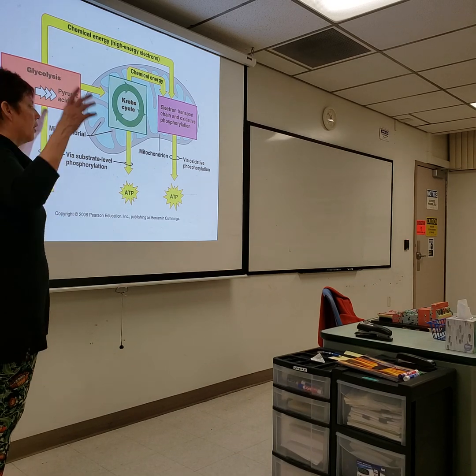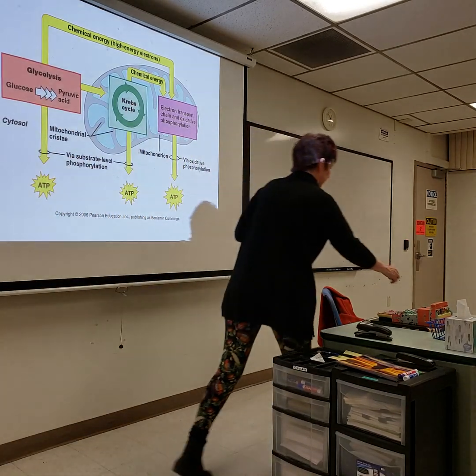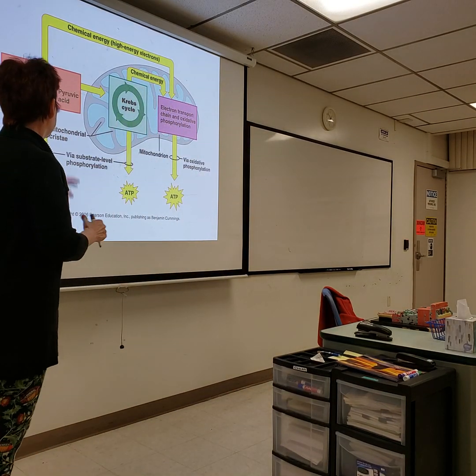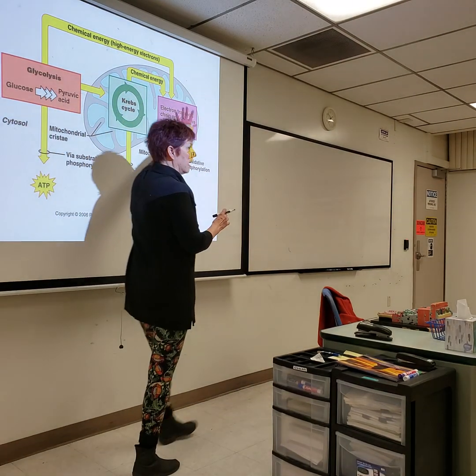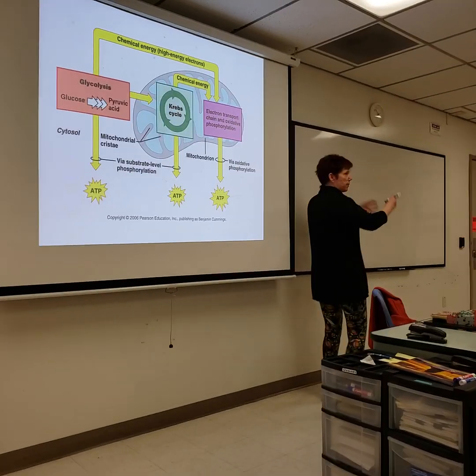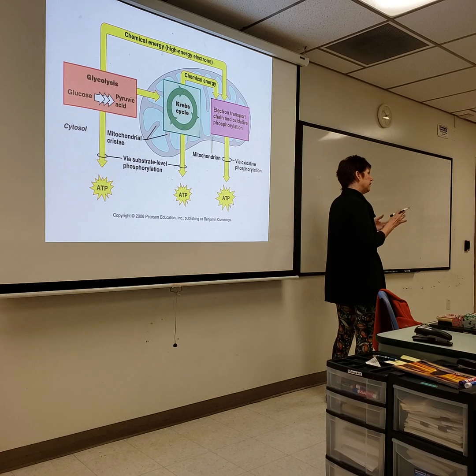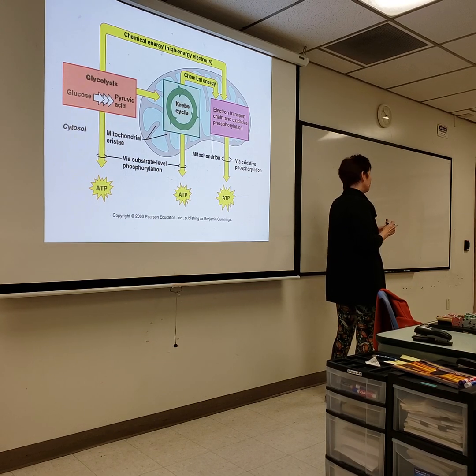So I'm not going to go through all the steps. Like I said, if you haven't done this in micro, you will. But these are the three main components that occur as we get energy from the carbons, breaking the carbon-carbon bonds. Where do we get our energy from?